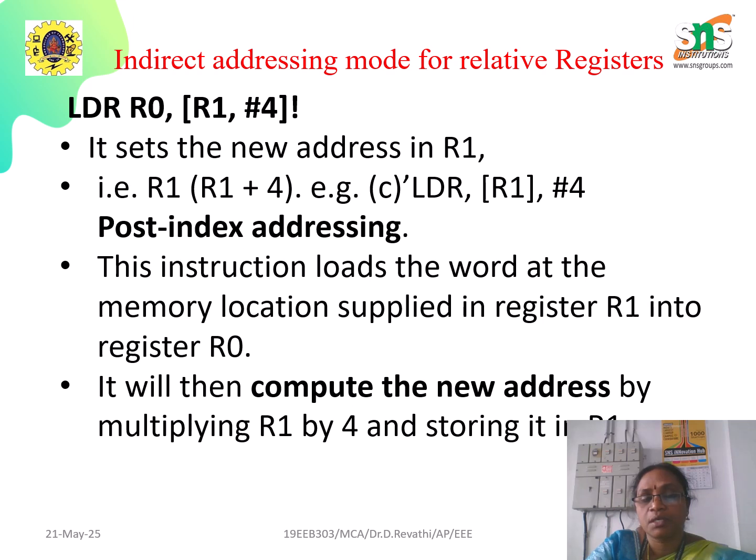After that, the processor creates the new address: R1 is multiplied by 4, and it is stored into R1, which is considered the new address. This is called post-indexed addressing.